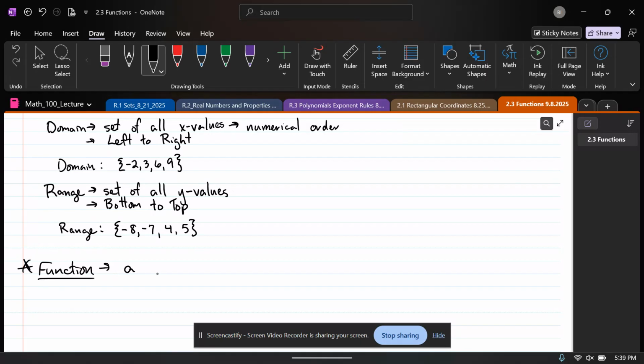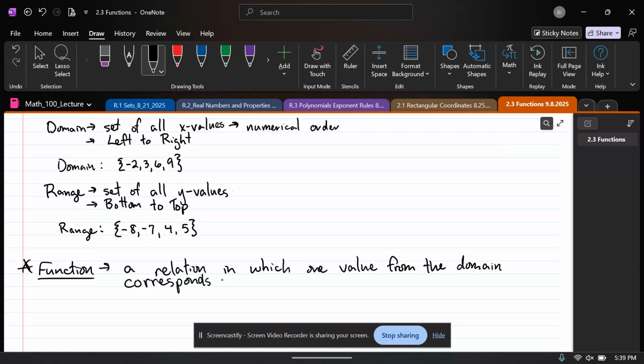It is a relation in which one value from the domain corresponds to one value from the range.